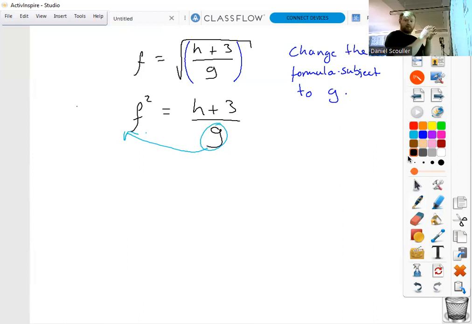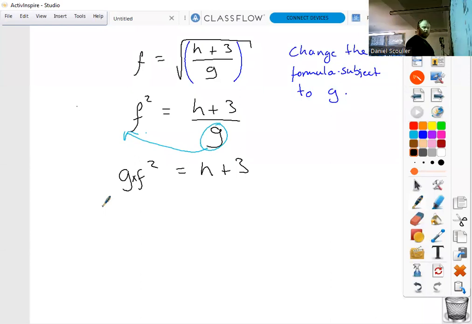G now has to become the subject of the formula, so we want it on that left hand side. So moving that g across, g becomes a multiply. I've not written the multiply sign, but the multiply would go in there. G times f squared.